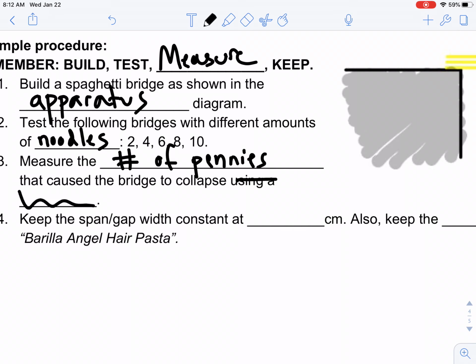You can use the scientific instrument of your brain, and you could say, caused the bridge to collapse by counting the pennies. I think this was in there because some people measure the mass of the pennies and they use a scale to do that, but we can just keep it like that.